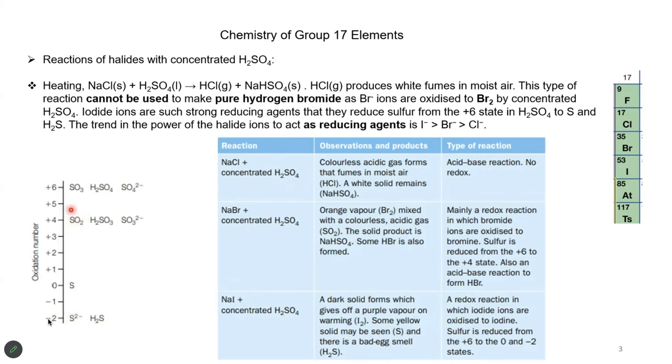But sulfur dioxide is +4, sulfite ion +4, sulfurous acid +4, and then sulfur trioxide +6, sulfuric acid +6, and sulfate ion +6. I'm talking about the sulfur oxidation state.